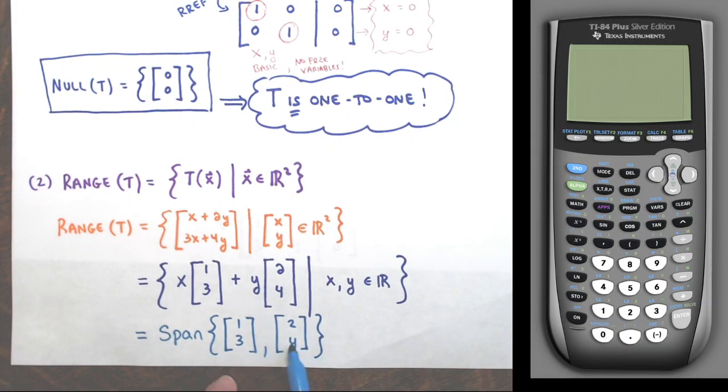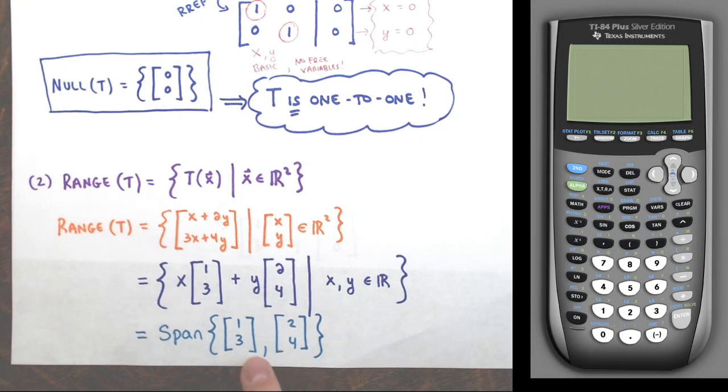Now look at these two vectors. Obviously this set spans the range. And there are only two vectors, and they are not scalar multiples of each other. So remember, when you have a set of two vectors and they're not scalar multiples, then they are linearly independent.